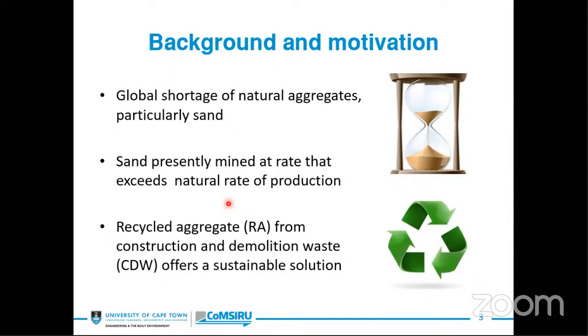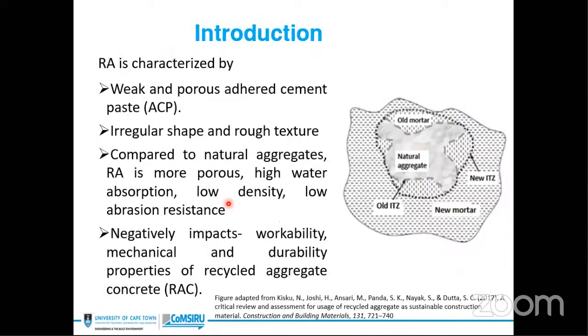One way of sustainably addressing these issues is the use of recycled sand from recycled concrete, from the concrete components of construction and demolition waste. Generally, recycled aggregate is characterized by a weak and porous adhered cement paste, which originates from the old concrete.